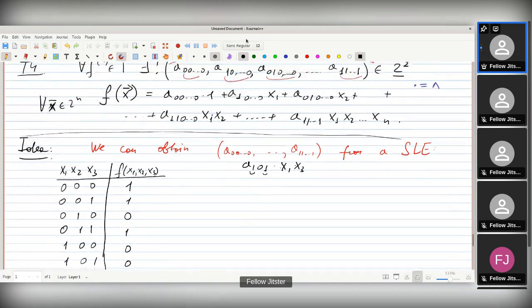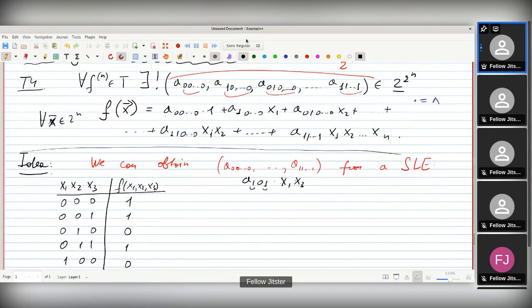And what do I need? I need coefficients for such an equation.